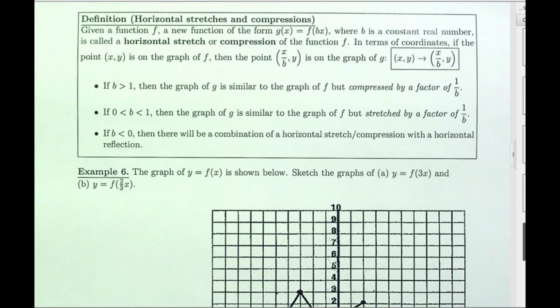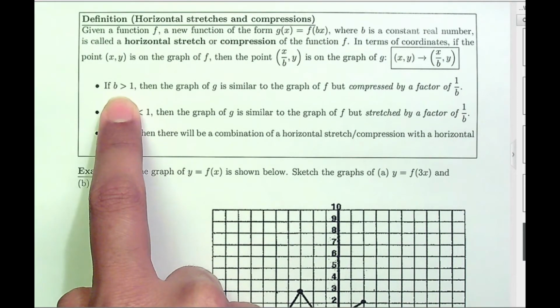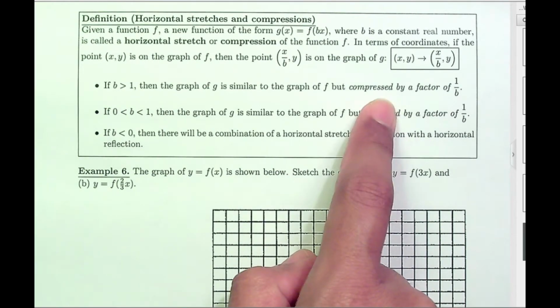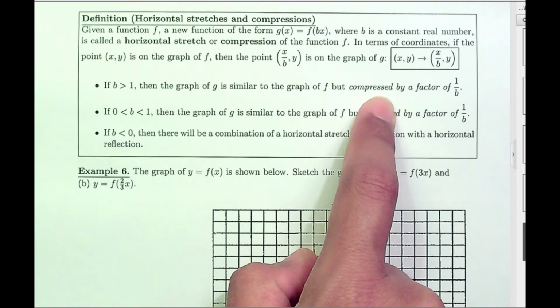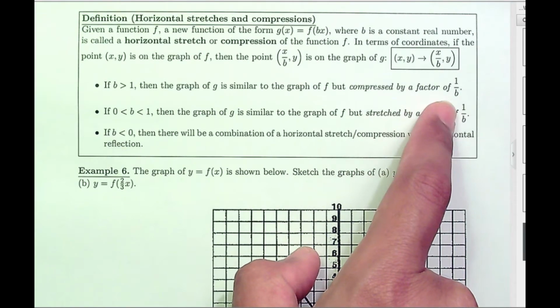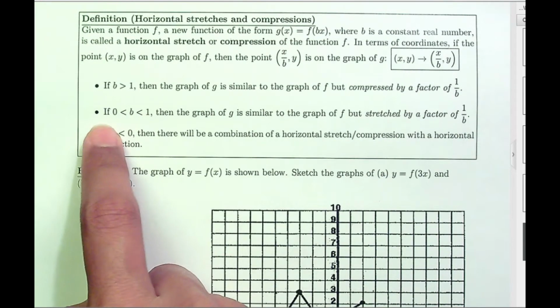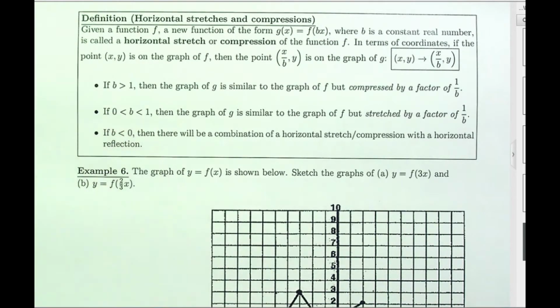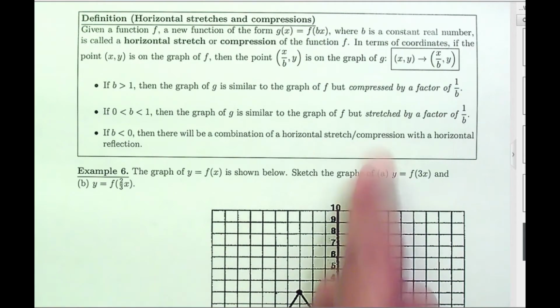This is how horizontal transformations behave. If b is bigger than 1, then instead of stretching, like in the vertical case, you're going to be compressing, and not by a factor of b, but by a factor of 1 over b. And if b is between 0 and 1, you're not compressing, like in the vertical case, you're actually stretching by a factor of 1 over b.